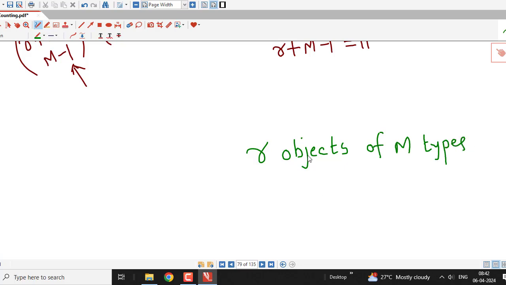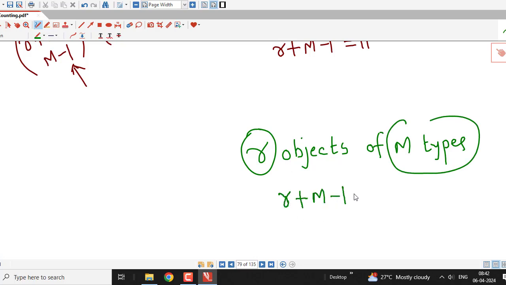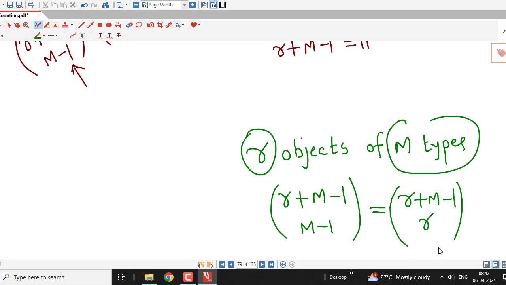The number of ways of selecting r objects of m different types is given by the number of combinations of r plus m-1 objects taken m-1 at a time. Or we can rewrite this as (r+m-1)Cr.